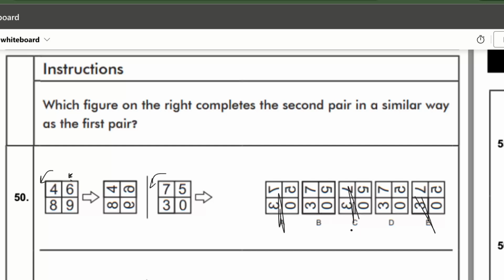Actually, looking at this 6, it goes 270 degrees clockwise for this. Following along with this 6, you're going to go 90 degrees anti-clockwise and then flip it. So if you go anti-clockwise, we get something that looks like that, and then we flip, and then it will point downwards, something that looks like D.